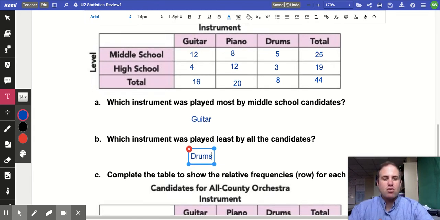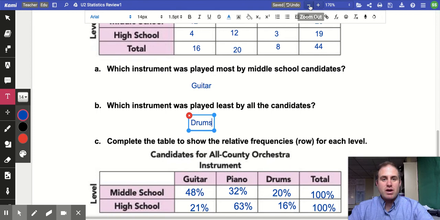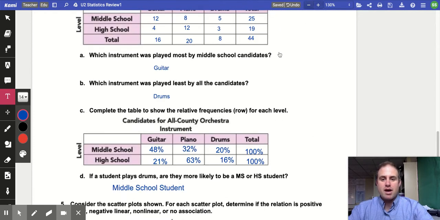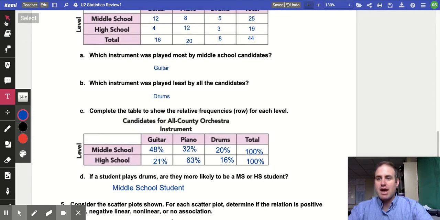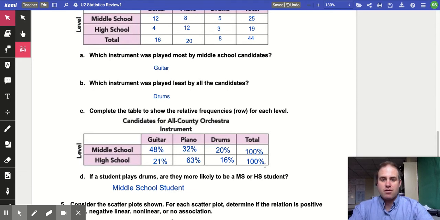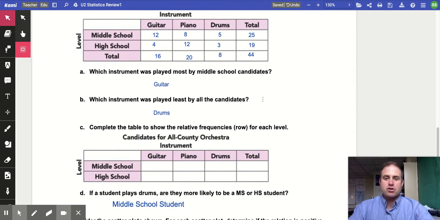But if we want to see the percentages, we can look at creating what's called a relative frequency table. So what we want to do when we have a relative frequency table is take the total number of guitar students divided by the total.